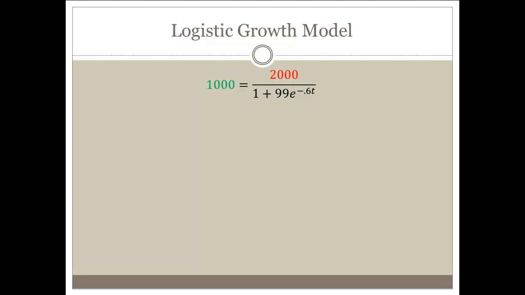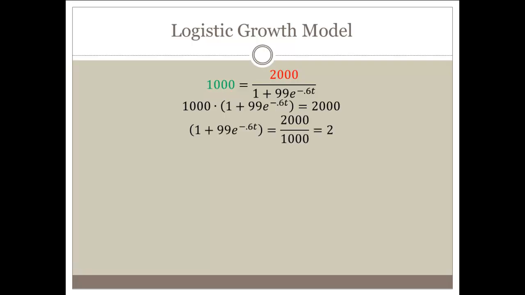To start, we'll multiply both sides by the denominator. On the right, leaving only 2,000, and on the left, we'll have 1,000 times 1 plus 99e to the negative 0.6t. Now dividing by 1,000, we get on the left 1 plus 99e to the negative 0.6t, and on the right 2,000 divided by 1,000, which is simply 2.